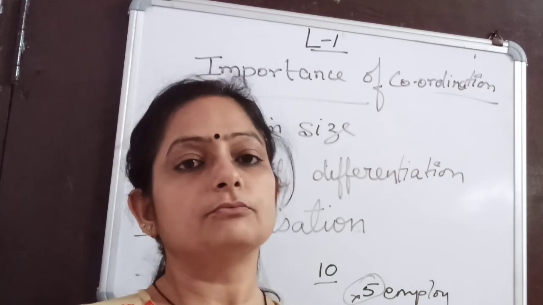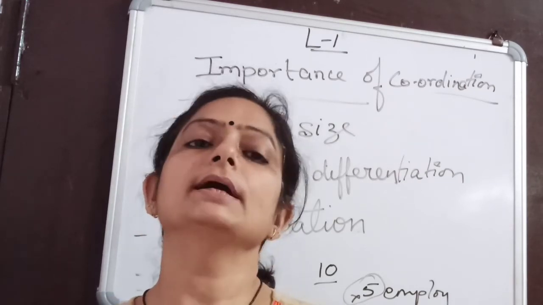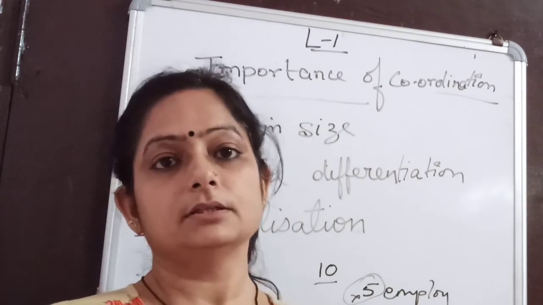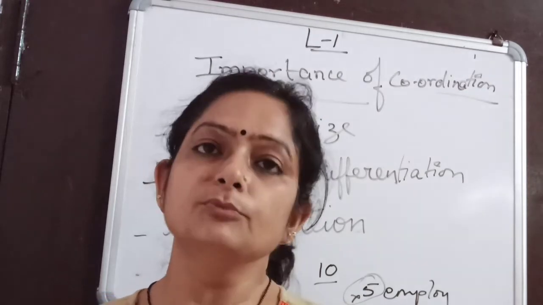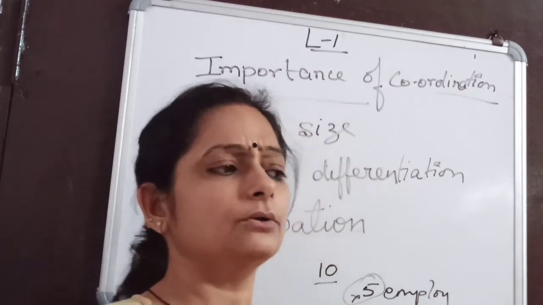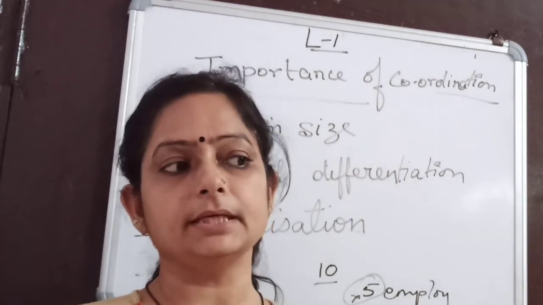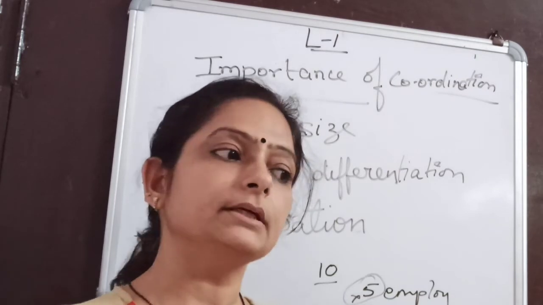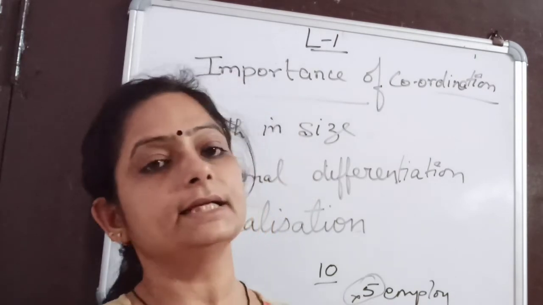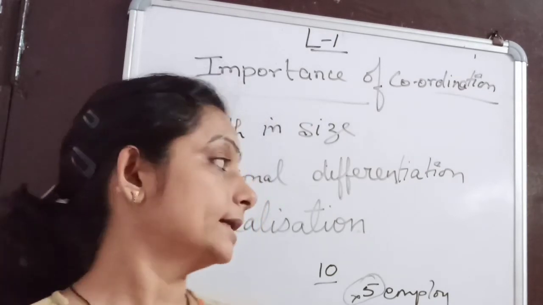So what will be the work of coordination over here? Coordination is required for resolving all these interdepartmental conflicts for smooth functioning of the organization. And maybe by mutual understanding, they may come to the point that yes, if the sales department gives a 10% discount, then it will be okay. So it can happen. I think the second point is clear.